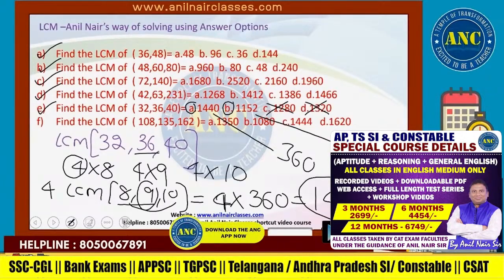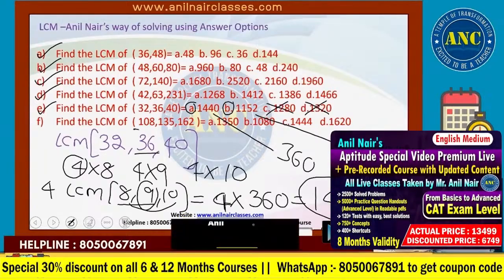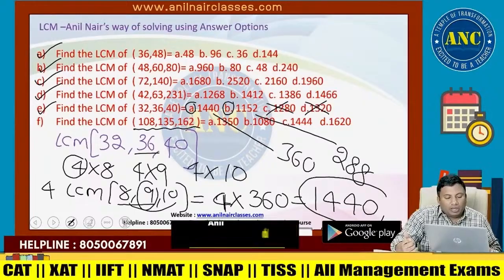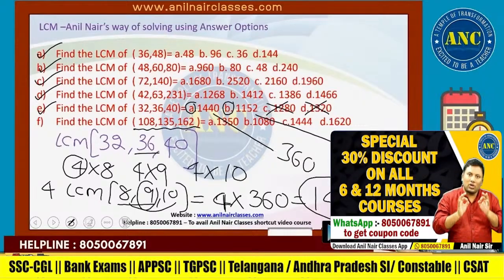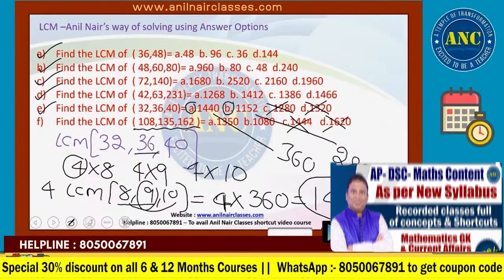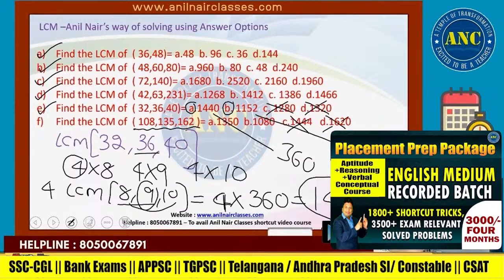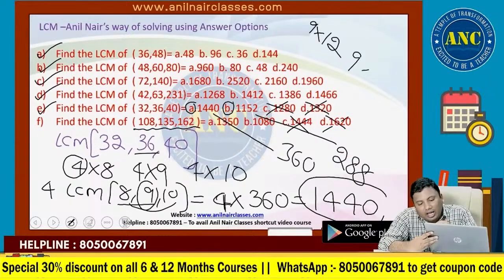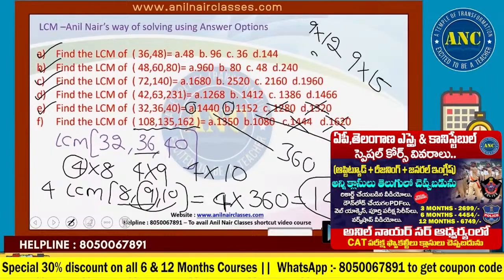LCM of 108, 135, 162. All the answer options' digital sum is 9. That is the beauty of our class. So digital sum eliminates nothing. Now you can go by the traditional method. 9 2s are 108, 9 15s are 135, 9 18s are 162.